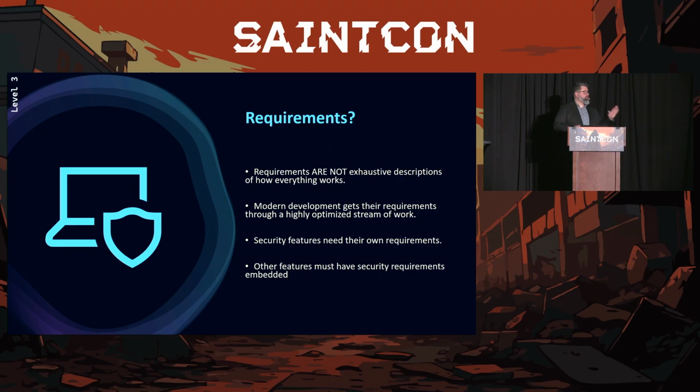Now, I want to be really clear about requirements too. When I say requirements, I don't mean monolithic reams of paper where everything is decided up front. Agile just doesn't work that way anymore. Or software development, even if they're not doing Agile, really doesn't do that anymore. We want to be sure that we're adapting to however that's functioning in our environment.